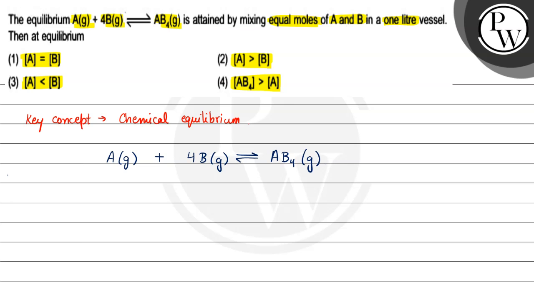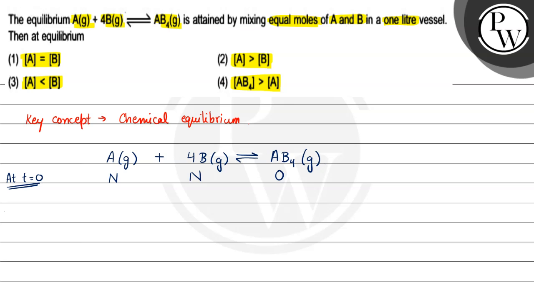So, firstly, at t equal to 0, मतलब कि जिस टाइम पे मेरा रिएक्शन स्टार्ट नहीं हुआ, इनिशियली A और B के इक्वल मोल्स लिए गए. So, supposingly, I took n moles of A and n moles of B. और AB4 के मोल 0 होंगे because initially सिर्फ reactants होंगे, products नहीं होंगे.